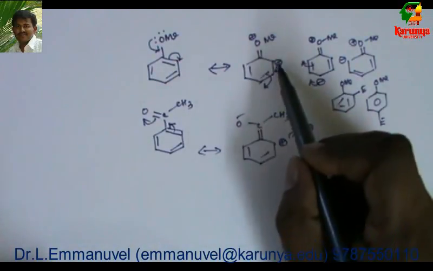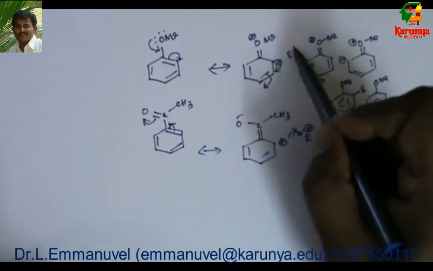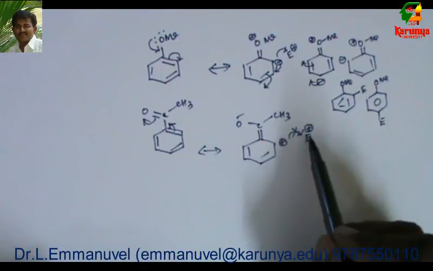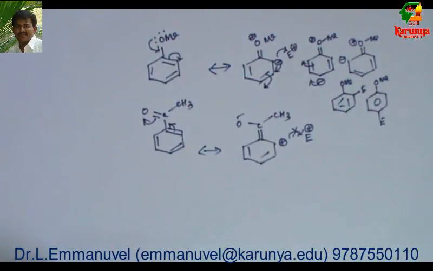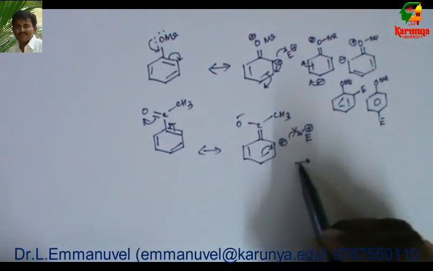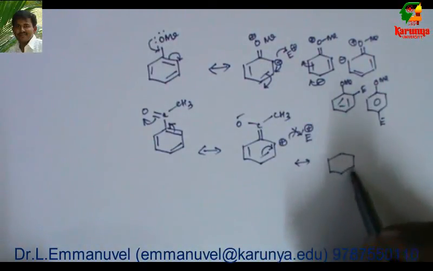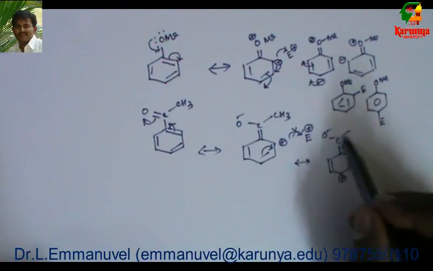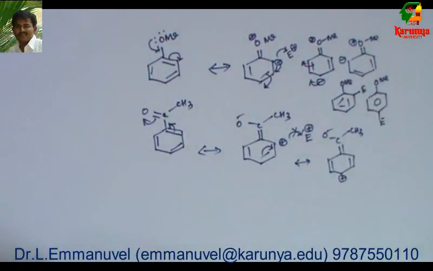In the earlier case, there was a minus charge. It attacked the electrophile easily. But now this plus and this plus cannot react. Then further I go for resonance. What happens? I get positive charge here. So again it cannot attack.